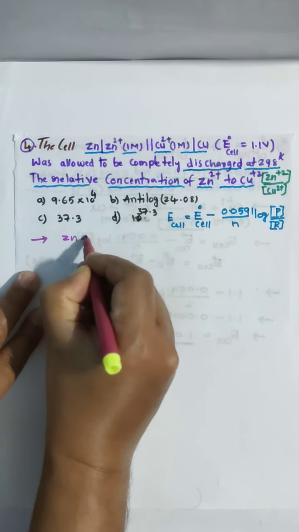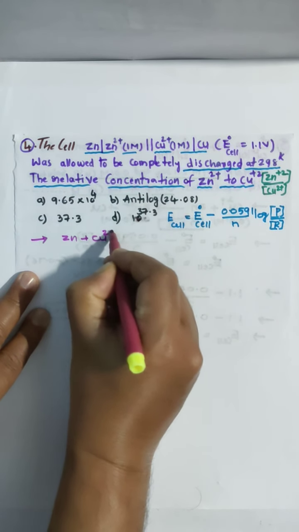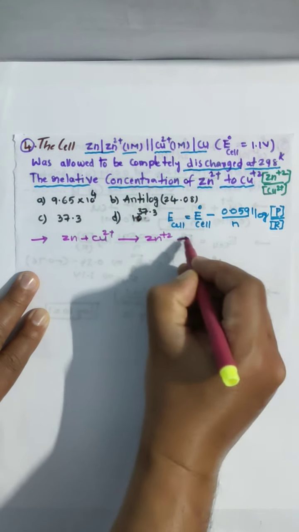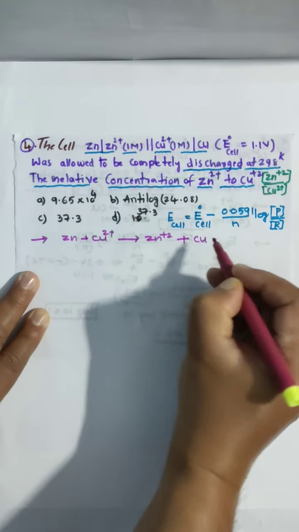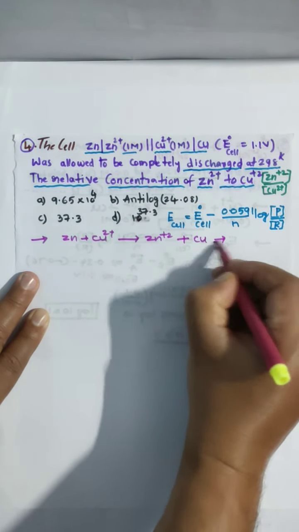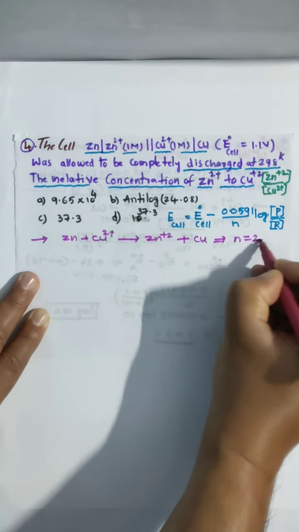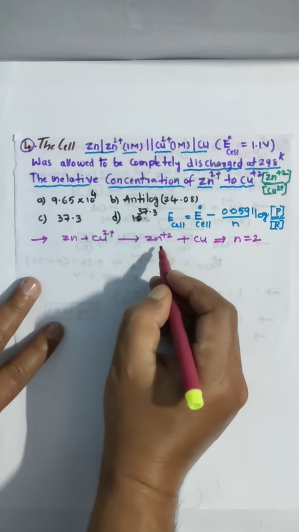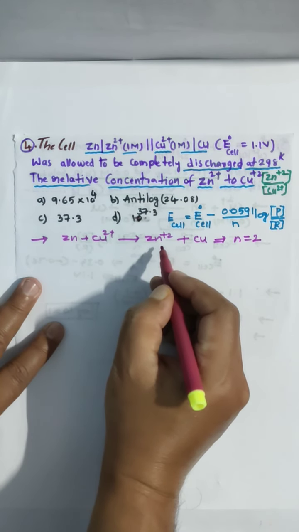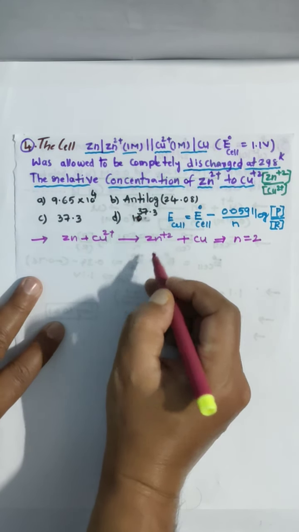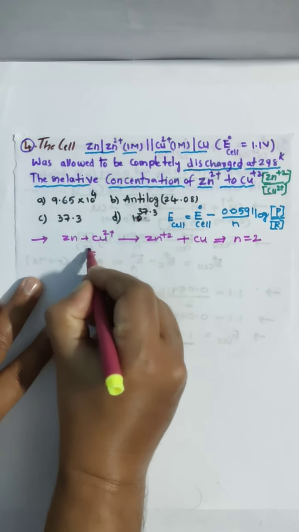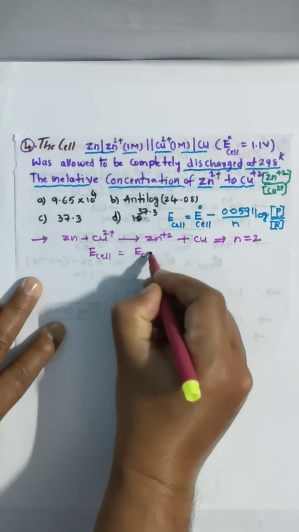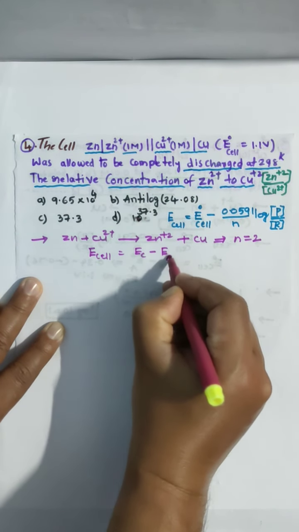Zn plus Cu2+ giving rise to Zn2+ plus Cu. Zinc is always oxidation and copper is reduction. What is the n value? n equals 2, two electrons are exchanged, no? n equals 2. And E cell we have to calculate. E cell equals E cathode minus E anode.